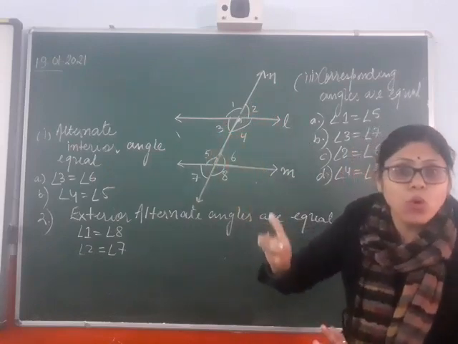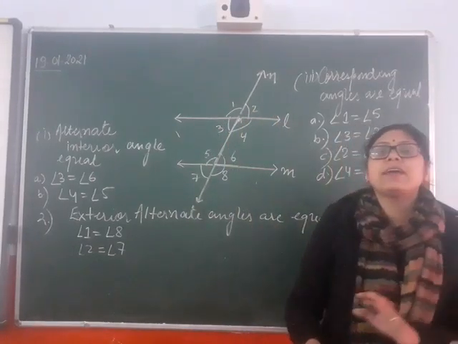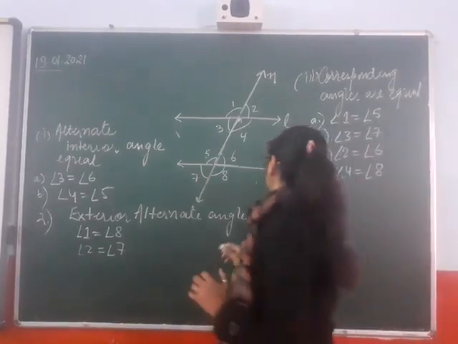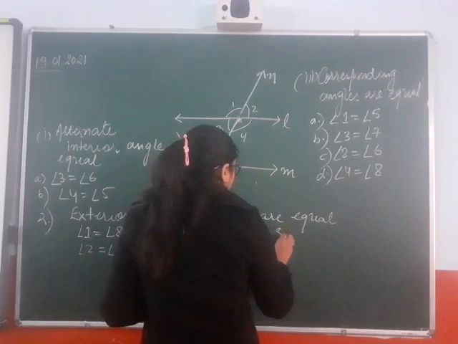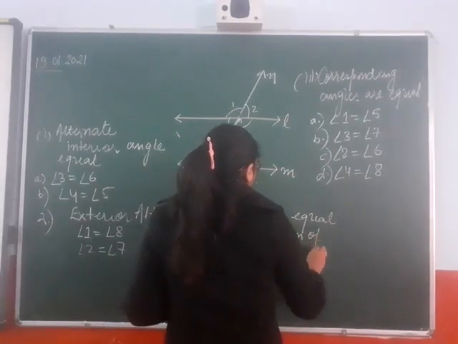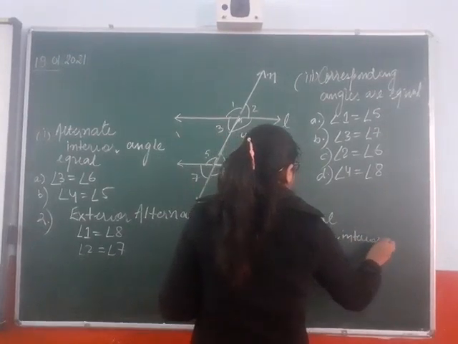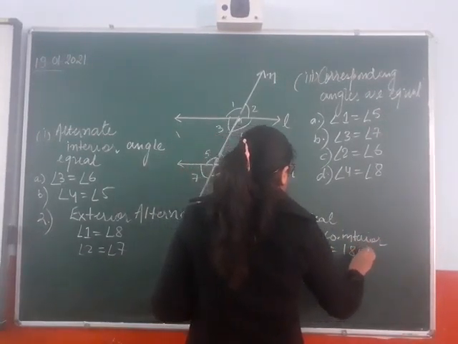So the sum of co-interior angles is always equal to 180 degrees. You will write here the fourth one: sum of co-interior angles is equal to 180 degrees.